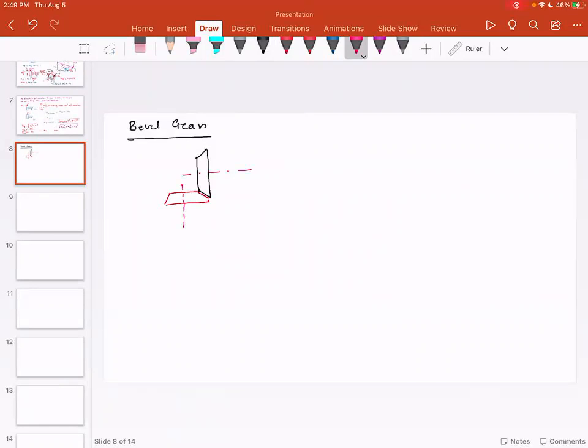So the shafts could be perpendicular to each other, or the shafts could be at an angle that is not 90 degrees.